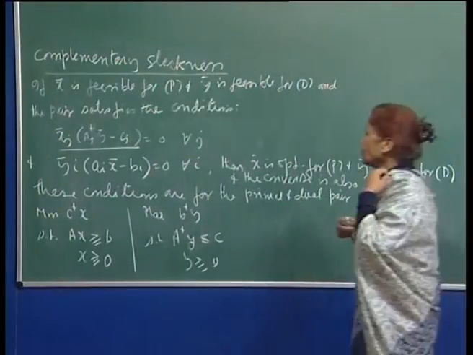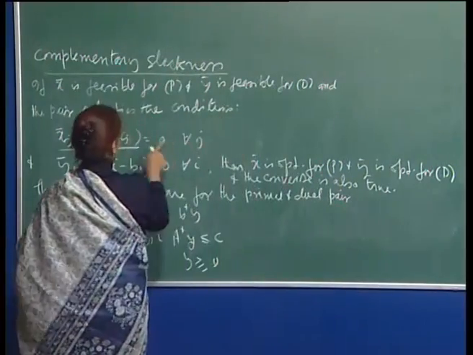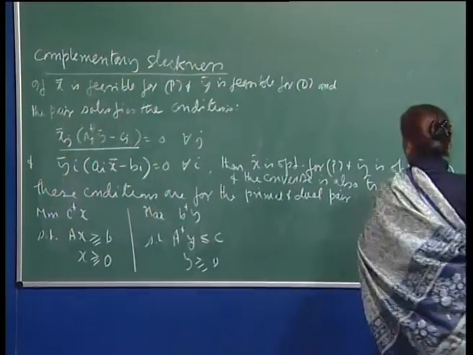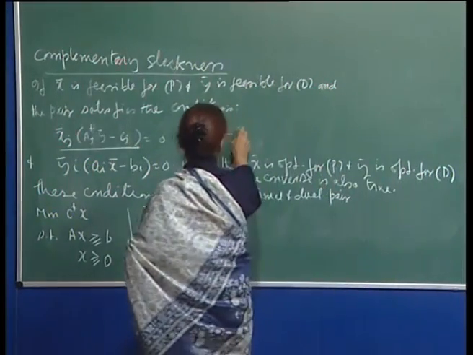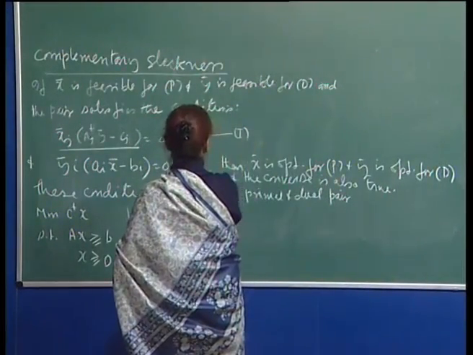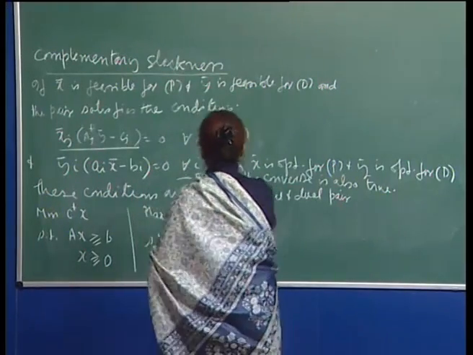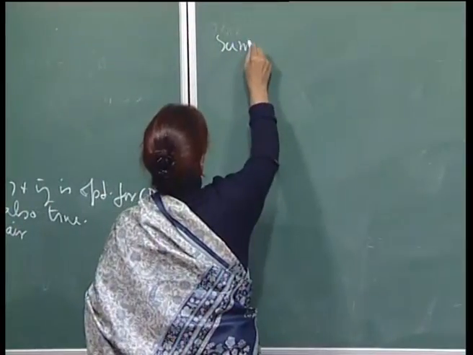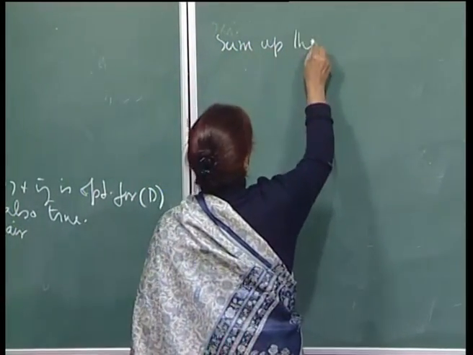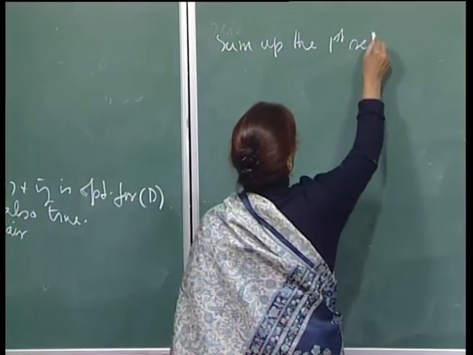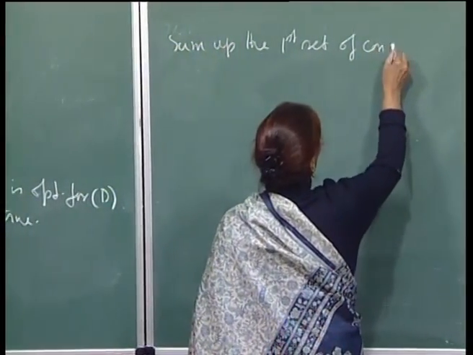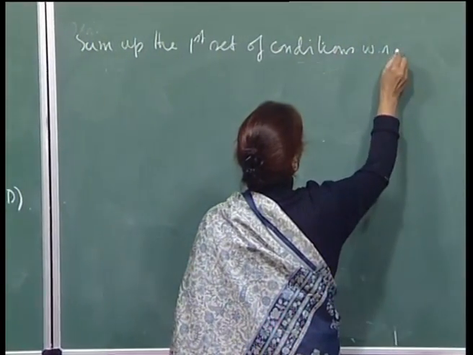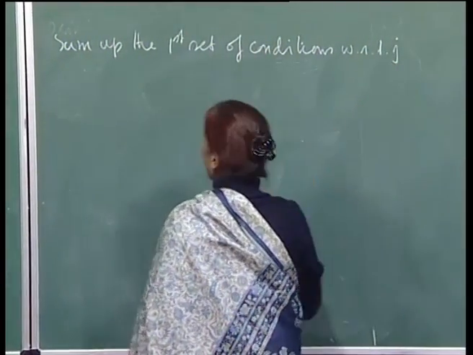Okay. Let us first do it the first way. They satisfy these conditions. Okay. So, what does it mean? I will call this the first set of conditions, and this the second set of conditions. Okay. So, sum up the first set of conditions with respect to j, right, and you get what?